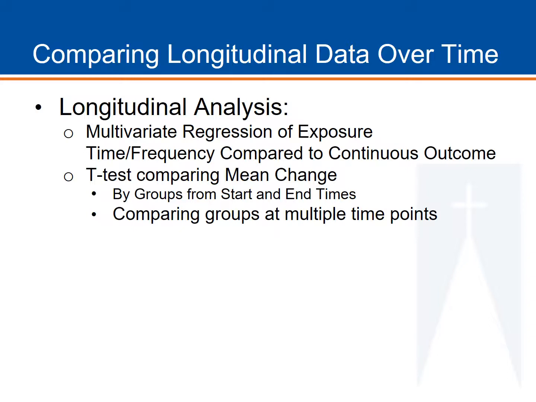Another option is to do t-tests comparing mean changes over time. So you can look at t-test comparisons by groups from the start and end times, or you can even do t-test comparisons at multiple time points over the time frame of your study.